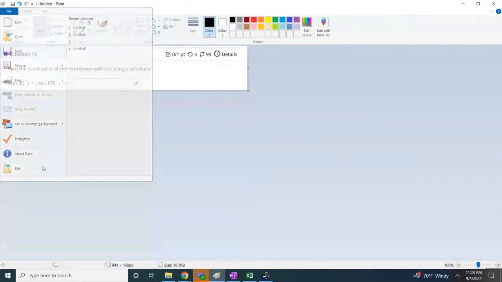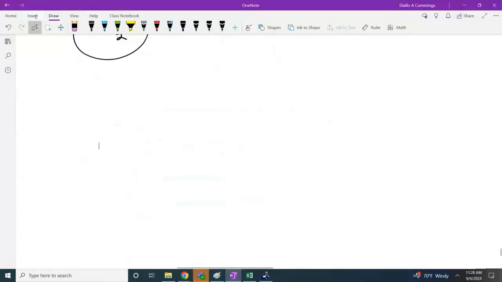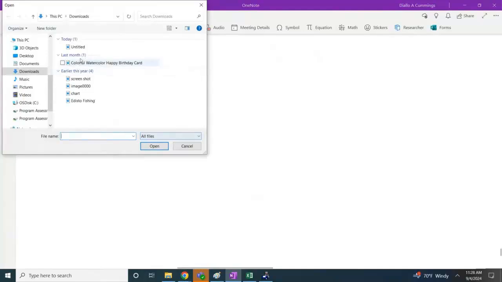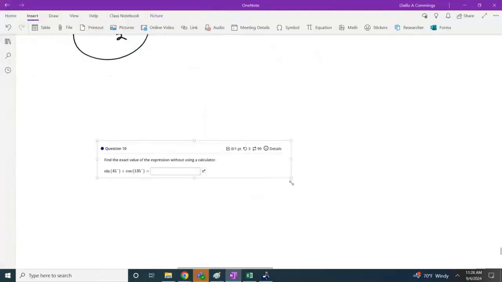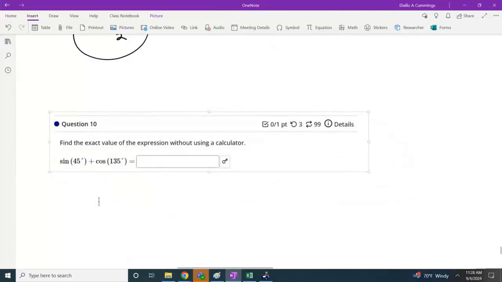We're going to do problem number 10 in the exact same manner. We're going to pull the values from the unit circle function of values, and then we're just going to add.